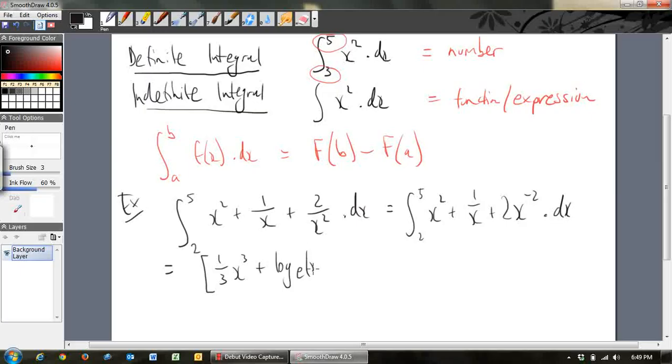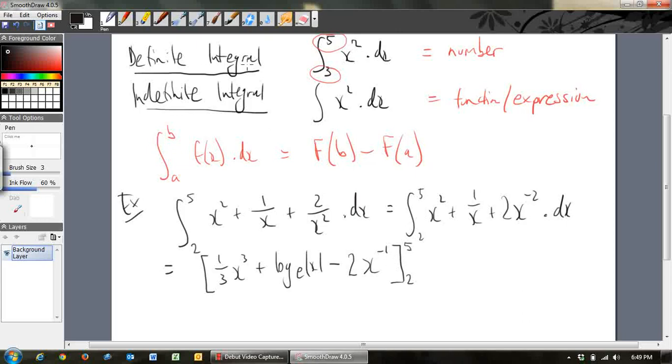That's plus log e of x. And for this one, the power of negative 2 goes up by 1, so it'll be x to the negative 1, and then we divide by negative 1, so it ends up being minus 2x to the negative 1. So that's our integral, and we're going to evaluate that between 5 and 2.